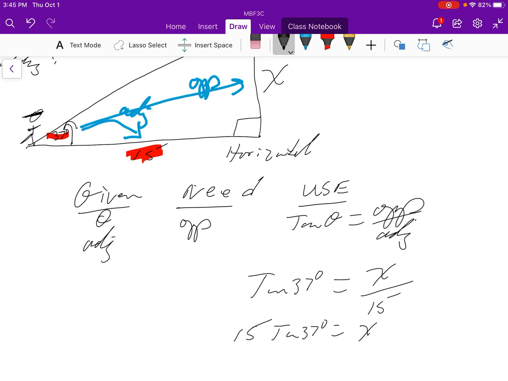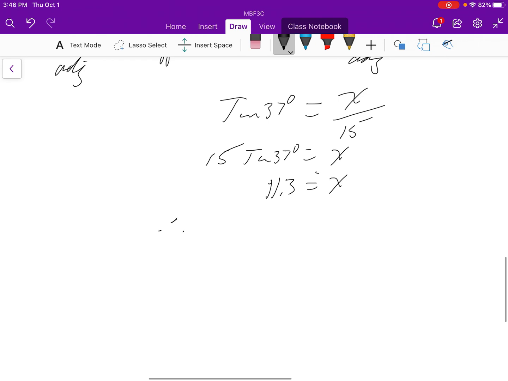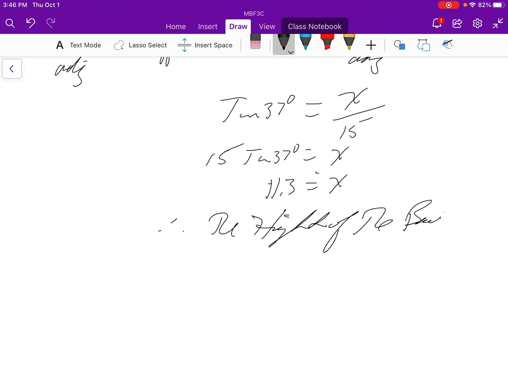Hopefully you're doing this with your calculators, and you get 11.3 meters. Therefore, the height of the building is 11.3 meters. So it's not a very tall building, as buildings go.